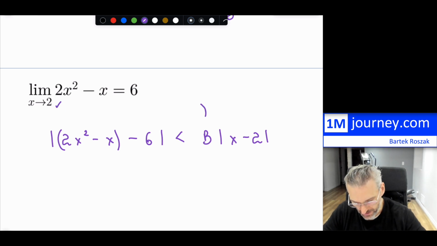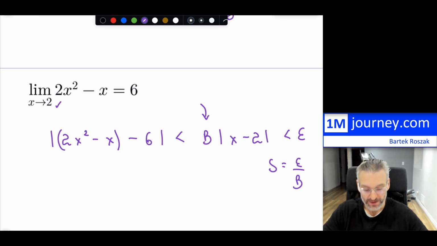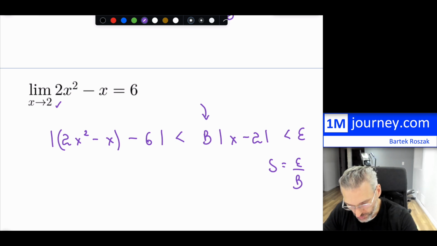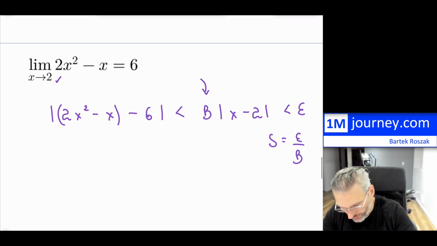So we want to find this bound. And once we find this bound, you're done, because then this is supposed to be less than epsilon. Then your delta is going to be equal to your epsilon over whatever bound that was. So let's do that.